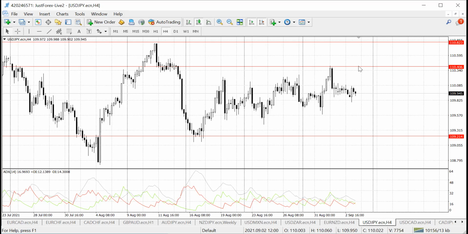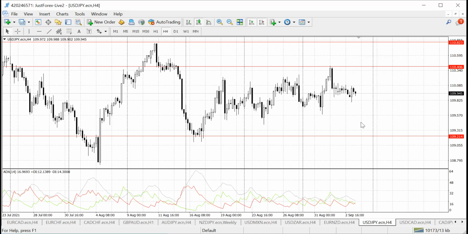It has not yet tested the resistance. So we may expect the price to fall down, then up again to test this particular resistance zone. Then from there, we may expect a breakout or a rejection.